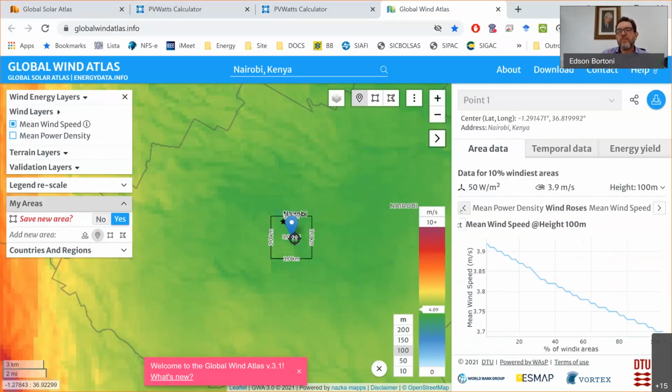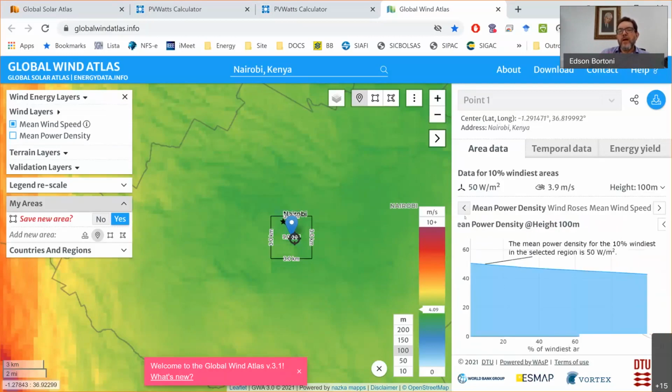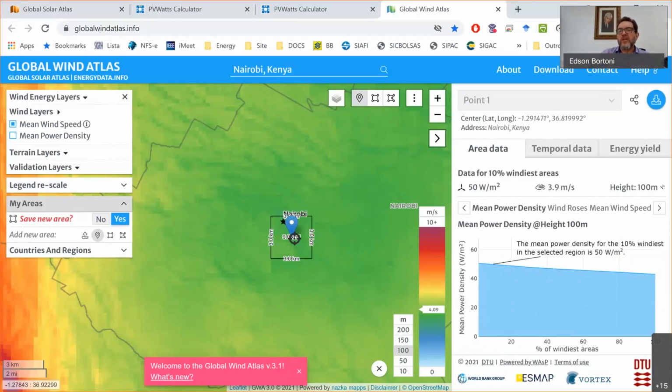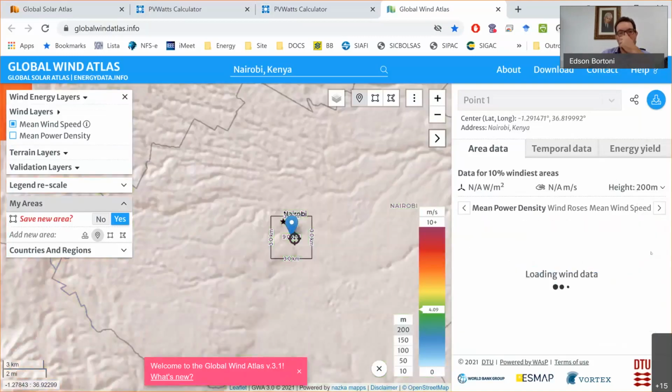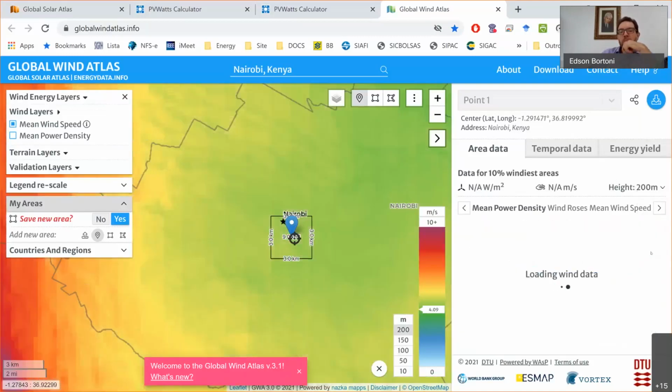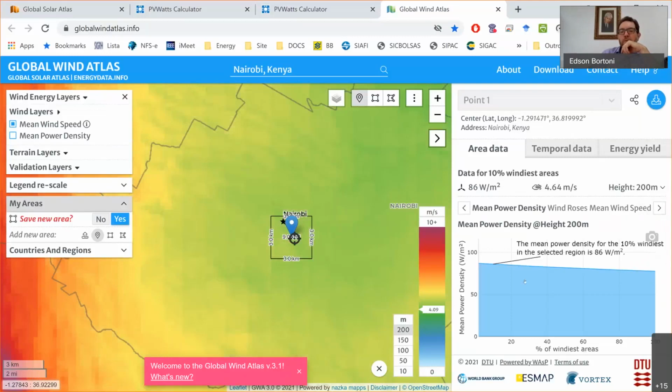Okay, very good. And you can change the height here, for example, 200 meters high. So it increases to 77. Remember, this number was 40, and this number was 50.